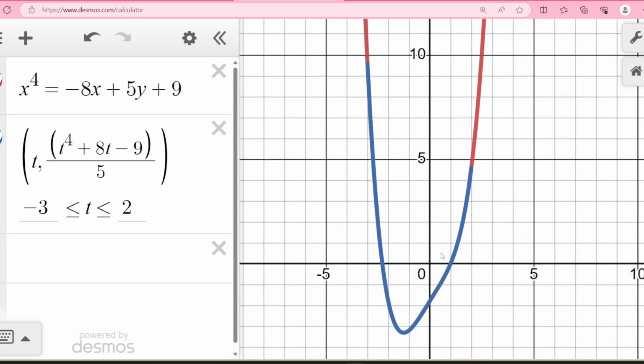Again, it's the same shape. It's exactly on top of the red curve, just from when t equals -3 up to when t equals 2. But that's parametric equations. You describe your location, your x-coordinate, your y-coordinate in terms of a third variable called a parameter. In this case, it's t.